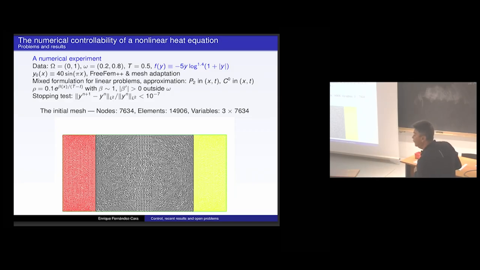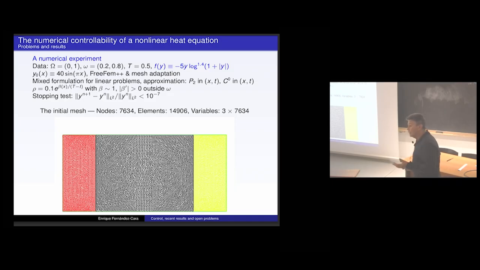That is only C0 in time and space. And I have solved the linear problem this way. And as you see, the function f has a bad sign. It tends to explode. And at the same time, the logarithm is to the power 1.4.